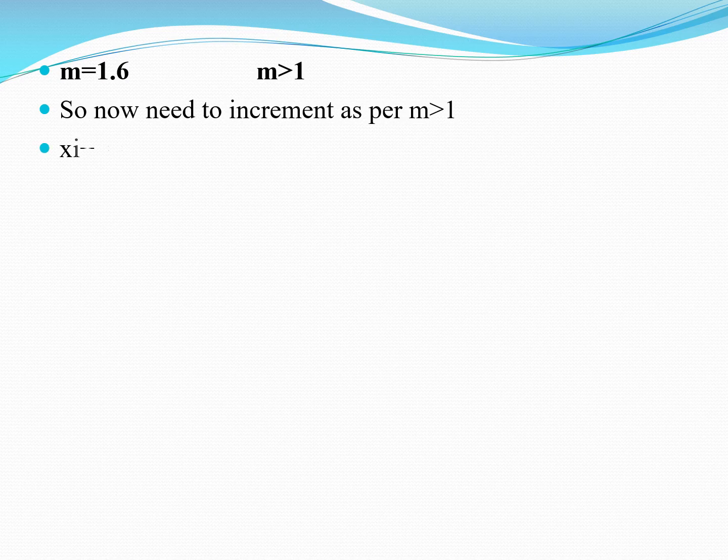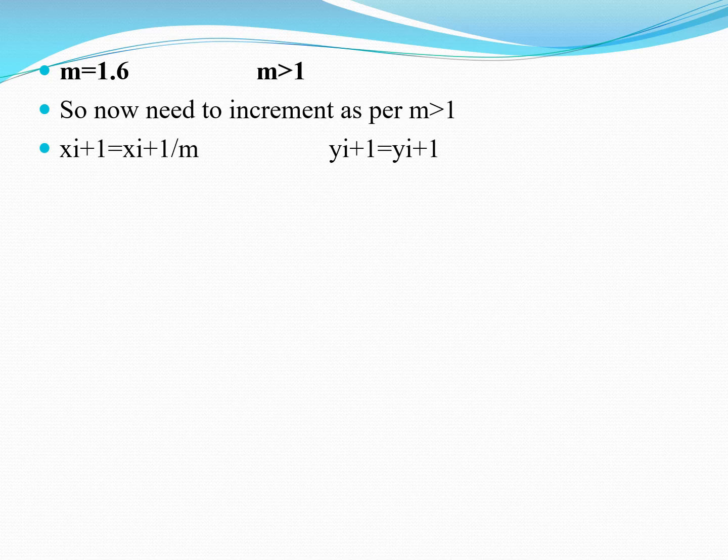Then we have to increment the x value as x of i plus 1 equals x of i plus 1 upon the slope value. This is for x. How do we increment the y value? We simply add 1 to the initial value of y. So in this condition, what are the initial x and y values?